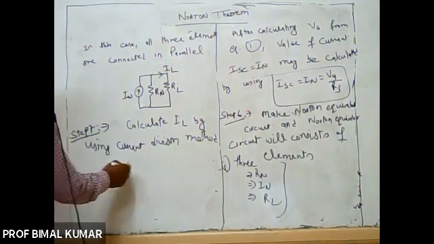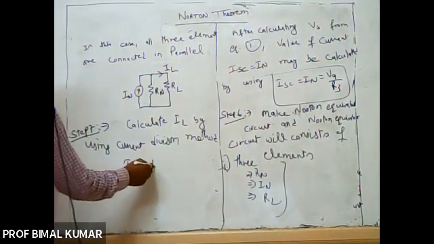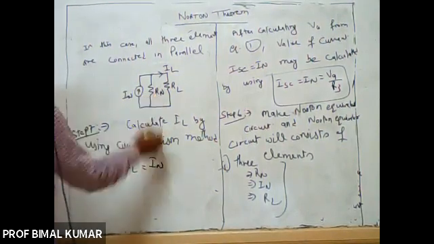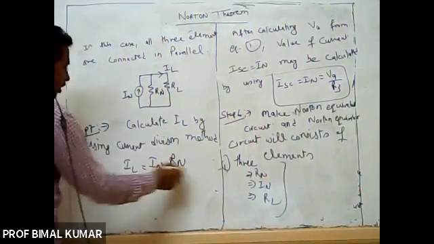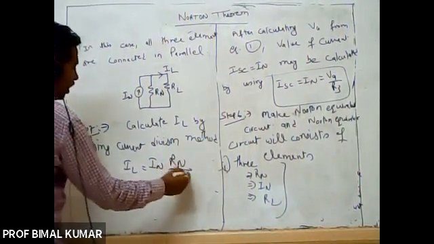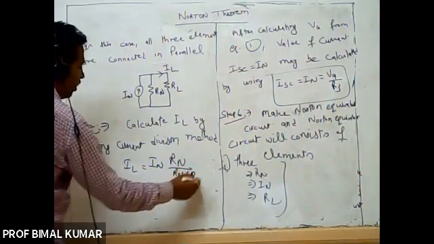So IL is equal to the total current, that is IN, into the opposite resistance RN divided by RN plus RL.